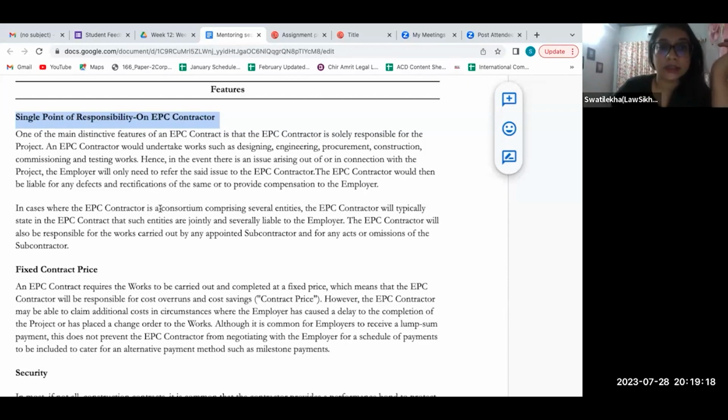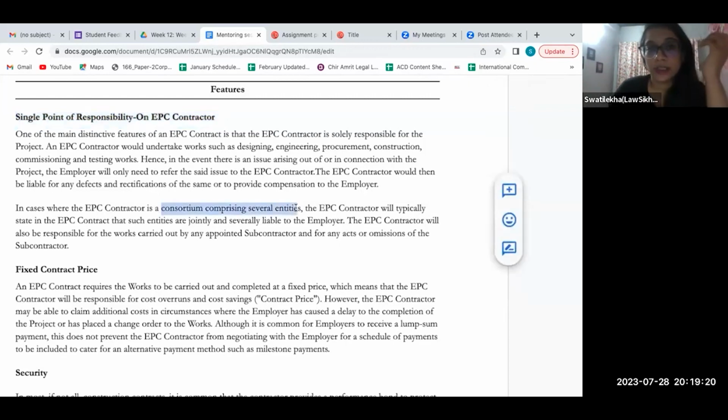Even when there is a consortium comprising several entities, sometimes there are consortium EPC agreements also. For example, L&T and some other construction company together taking on the project. In this case, where there is not a single contractor involved, there will be a clear declaration as to joint and several liability of the contractors towards the employer or the owner of the project.